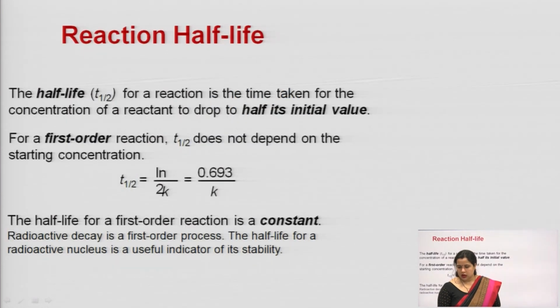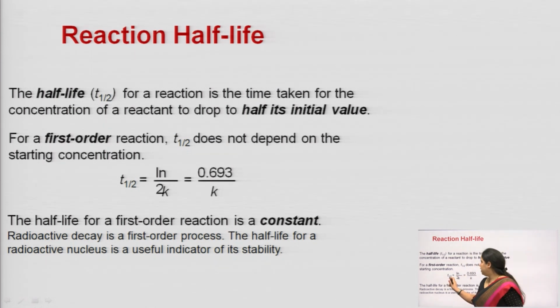So, these are the integrated laws, and now reaction half life. The half life t½ for a reaction is the time taken for the concentration of the reactant to drop to half of its initial value. For a first order reaction, t½ does not depend on the starting concentration.